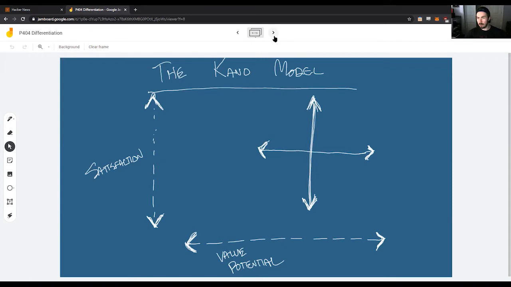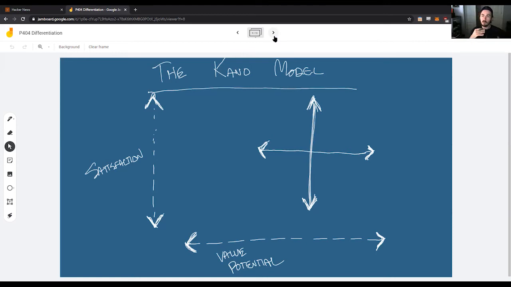There are two dimensions you're thinking about when evaluating any specific feature or functionality you're considering: the satisfaction it brings to the customer, and the value potential, or how much you're investing in that feature, how much functionality you offer on that dimension.